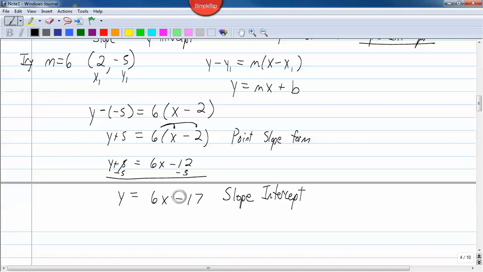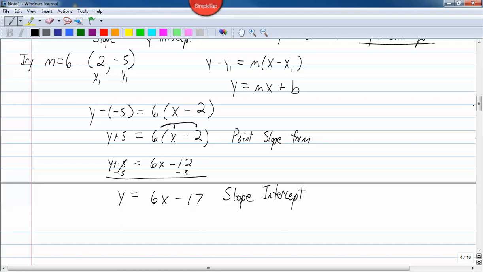It can be used to just get the slope and the place where we cross the y-axis and do a quick sketch. But that doesn't mean the point slope form is just totally useless. It is useful. Its main use that I use it for would be to put the equation in slope-intercept form.